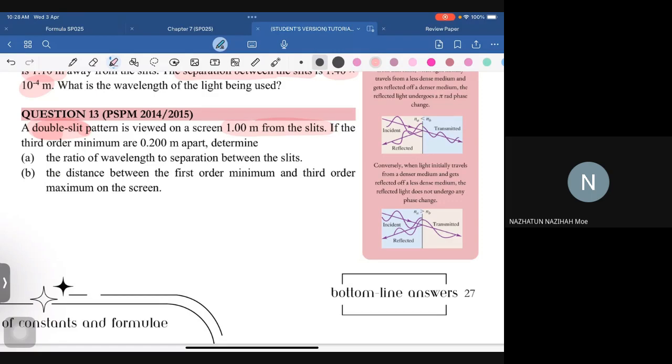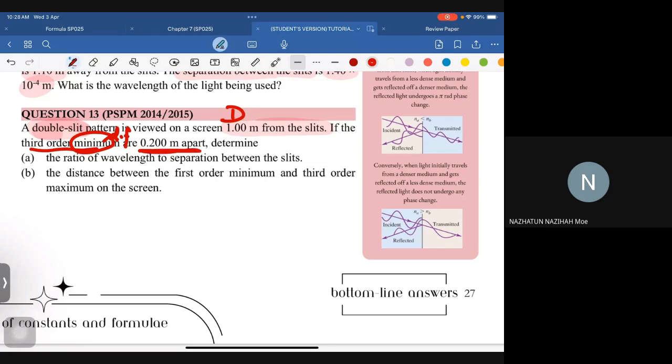Okay, ingat tak distance dari screen pergi slit tu adalah uppercase D. If the third order minimum is dark fringe. Kamu kena ingat, this is dark fringe. So the third order minimum are 0.2 meter apart.